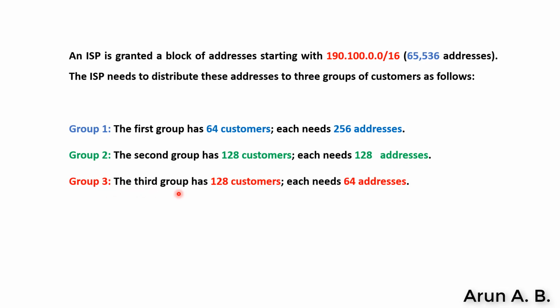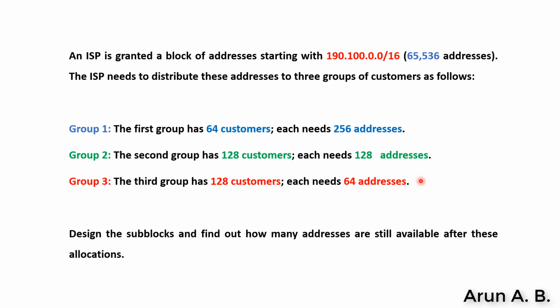Similarly, group 3 has 128 customers and each customer requires 64 IP addresses. So our task is to assign the IP addresses among these 65,536 to all three different groups.